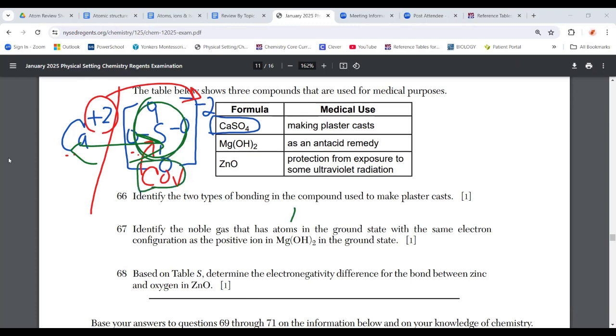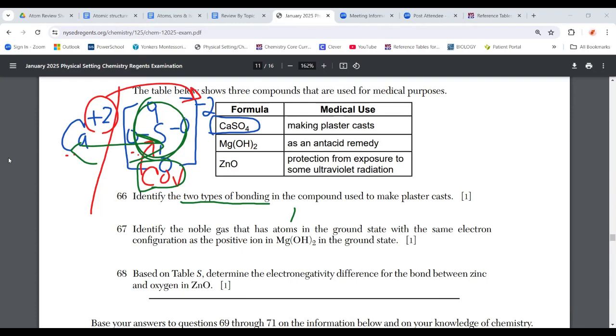Another hint to you, aside from metallic bonding, is that there are really only two broad categories of bonding for compounds. You're looking at a compound where you've got atoms of different elements combining to form a new chemical. There's only ionic and covalent bonding. So if you just listed the two types of bonding you most commonly know, you would get it right.